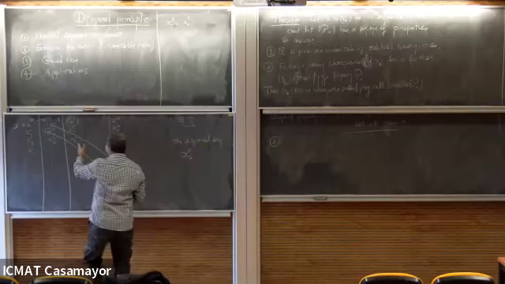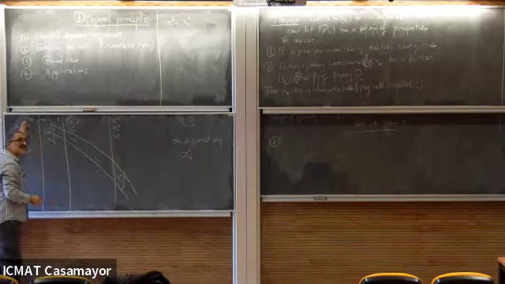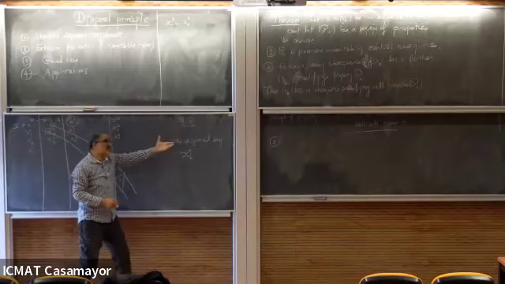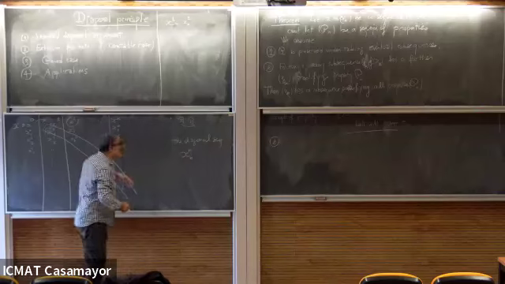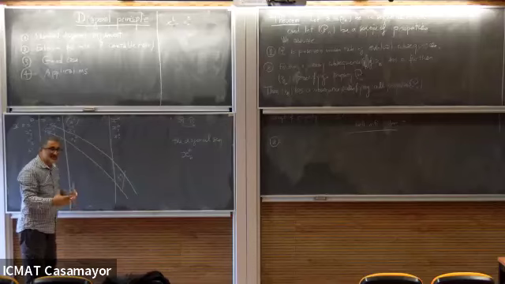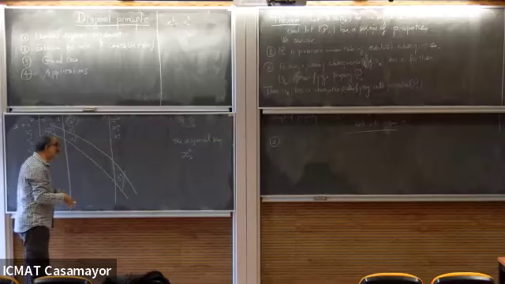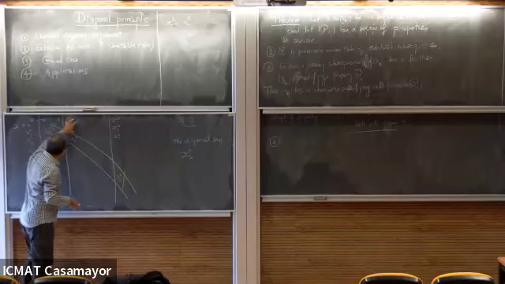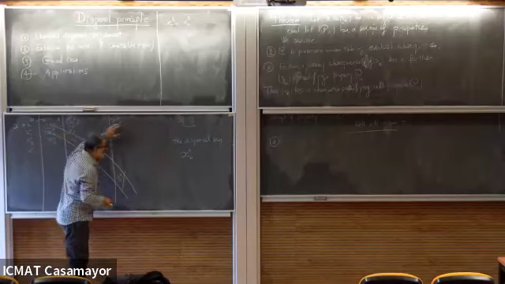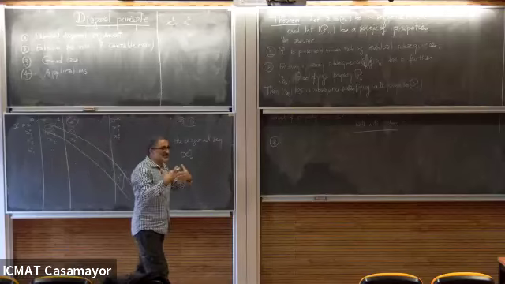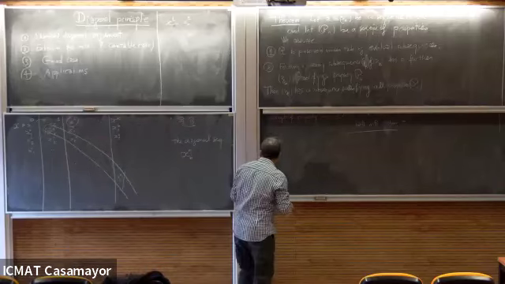So the idea, if we start with a net here, then we can have a property, and we have a list of properties. And these properties are kept by taking subnets or eventual subnets. Then we can extract a first subnet, then a second, then a third. But there is a problem here when we want to take the diagonal, because nets are indexed by different subsets.